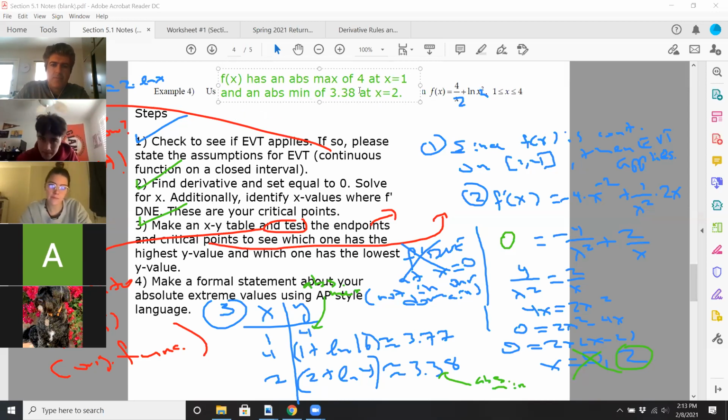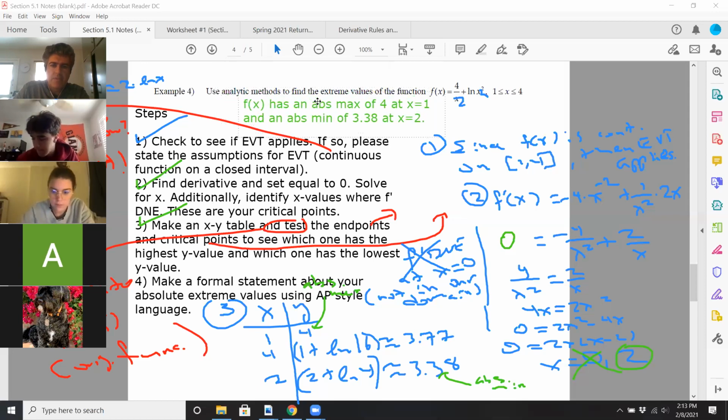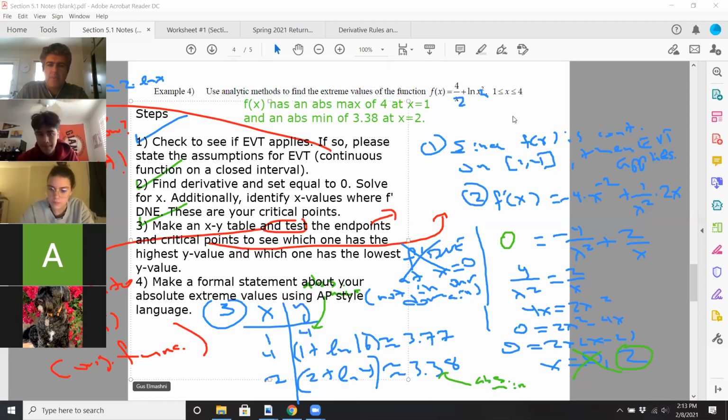Okay. Let me move that so you guys see a little better. So you see I have it in green here. f of x has an absolute max of 4 at x equals 1 and an absolute min of 3.38 at x equals 2.